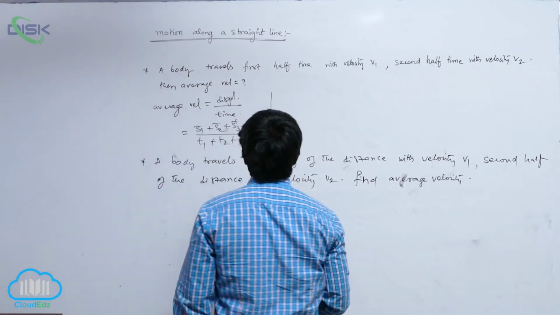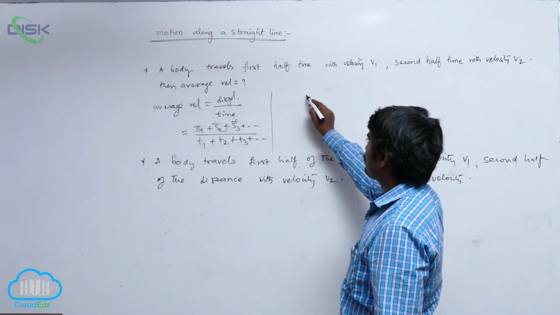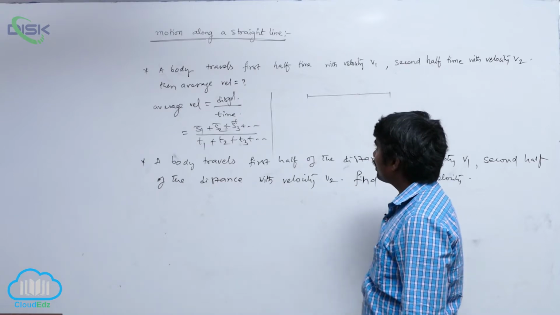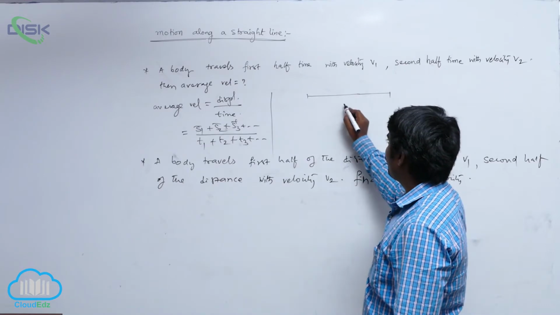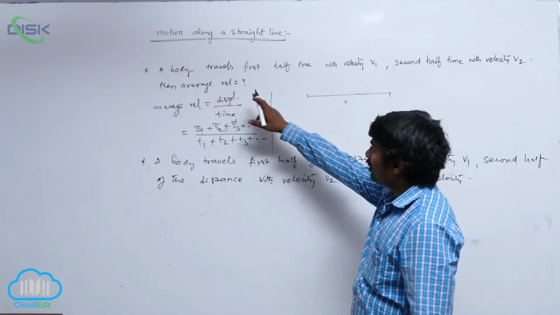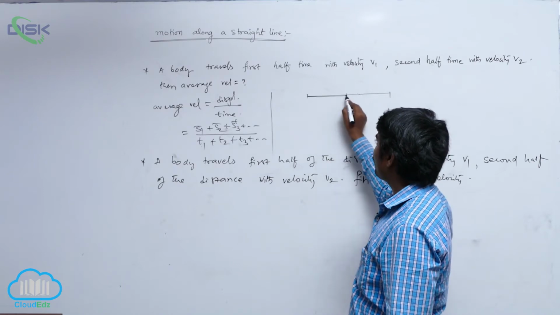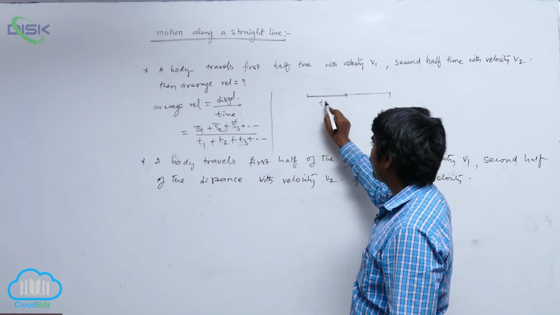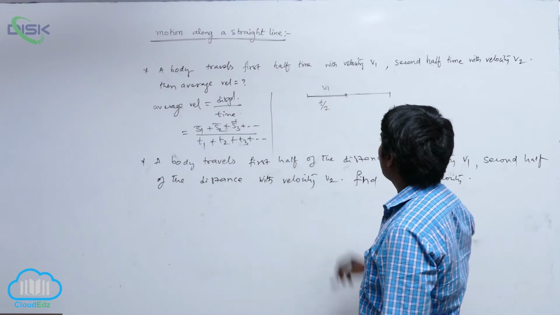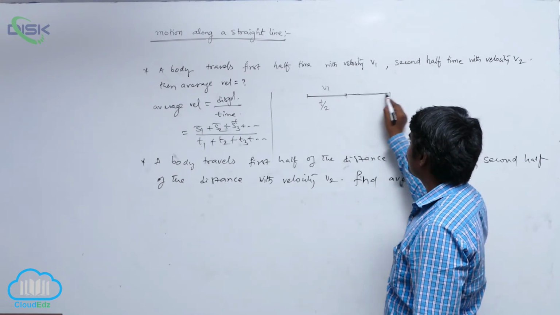Here also we are dividing the total motion into two parts. From here to here, let us say it travels in time t seconds. So a body travels first half time, from here to here, let me take it as t by 2, with velocity v1, and second half time with velocity v2.